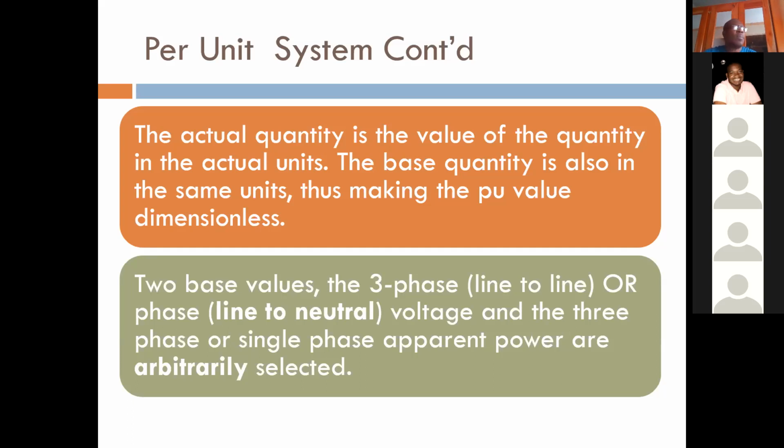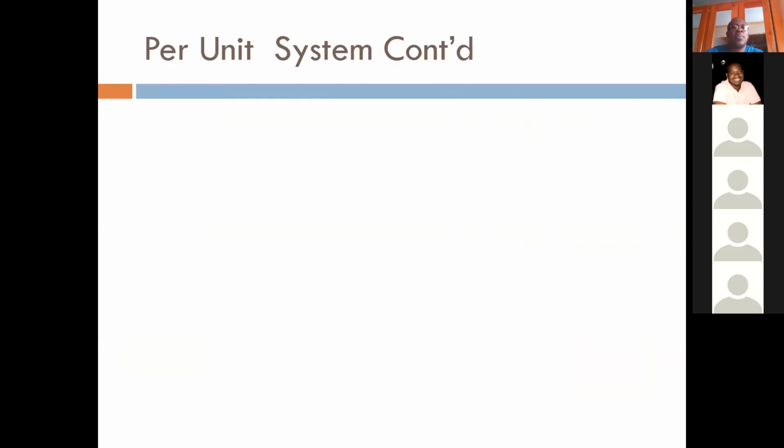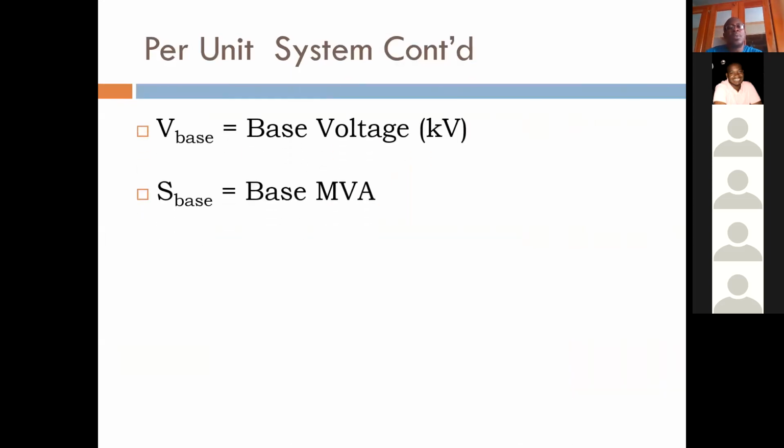All right. Because most of the information that you would have been given, for example with your equipment, would be based on the three-phase value. So we spoke about the V base that is designated in kilovolts, and of course the S base in MVA.